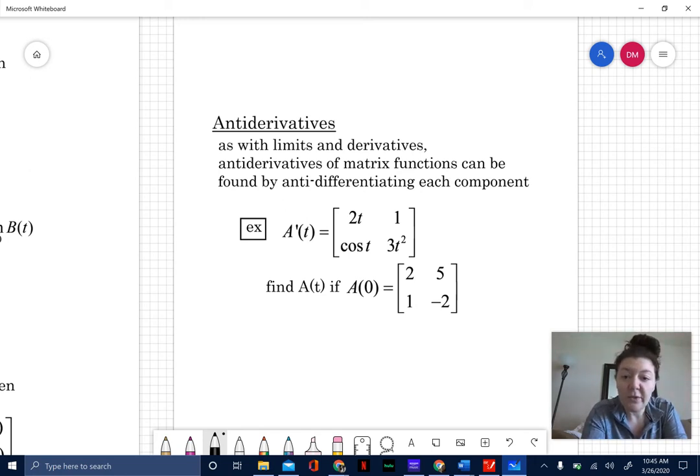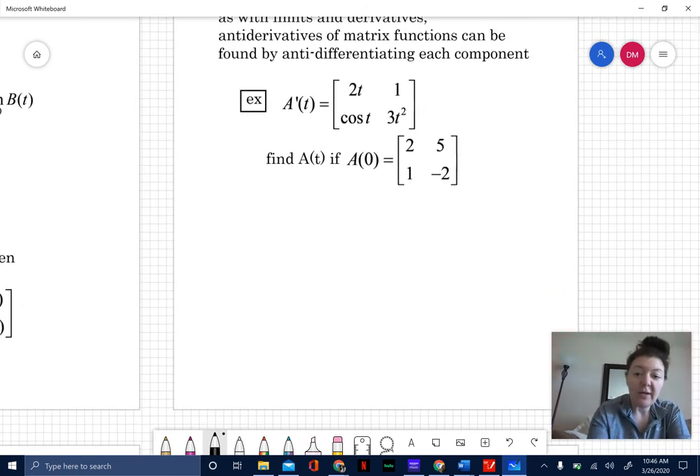So we're going to anti-differentiate each component here to find what A of t is. And we're going to add C, but we're going to add a matrix C at the end. So we're going to have C1 through C4, and that will come a little independent of our matrix A of t. Okay, we're going to give this a try here.